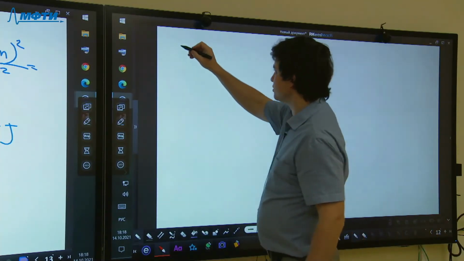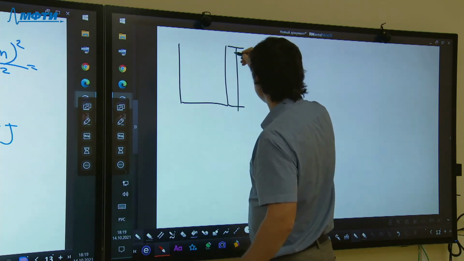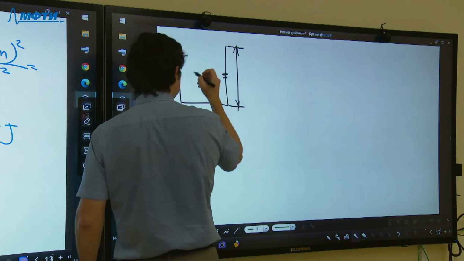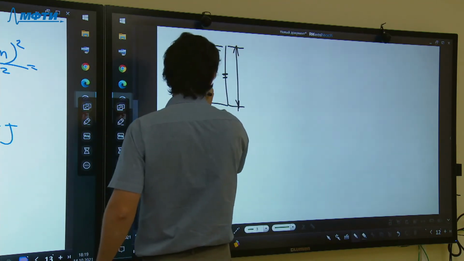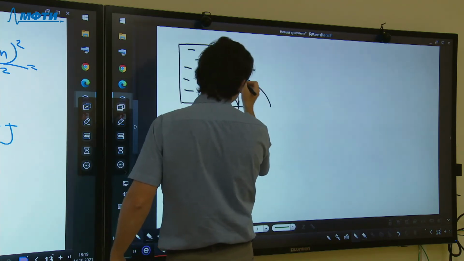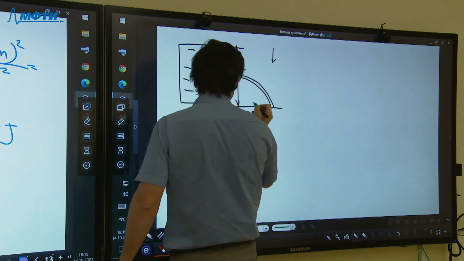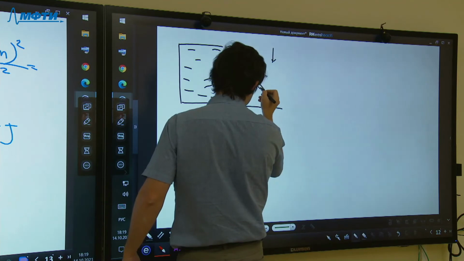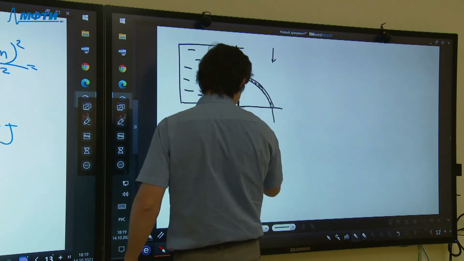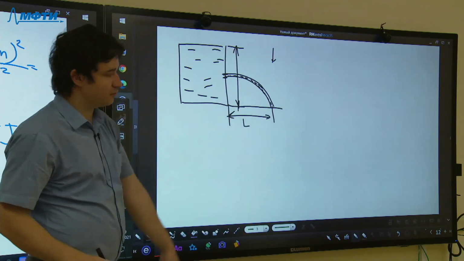So I have a vessel of a certain height H, and I pump a hole in this vessel, and this vessel is fully filled with water. I pump a hole, and then water comes out of this vessel, but due to the gravitation force, this flow of water meets the ground at some distance L from the vessel.